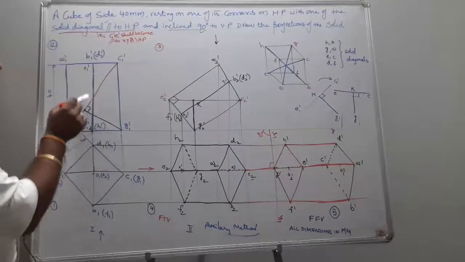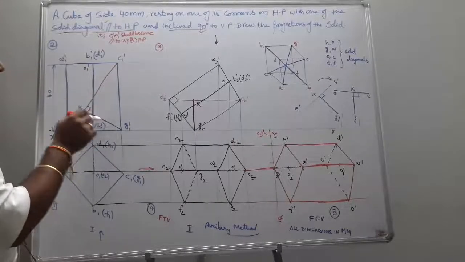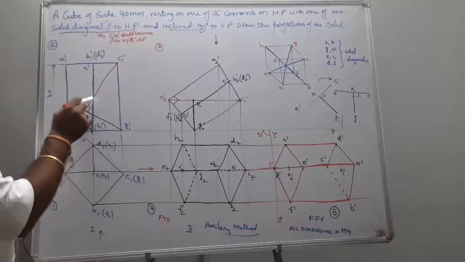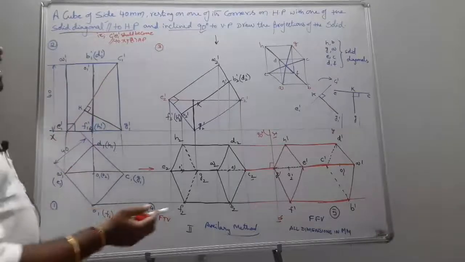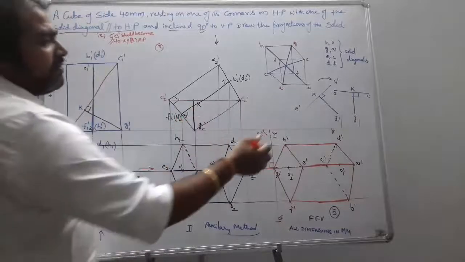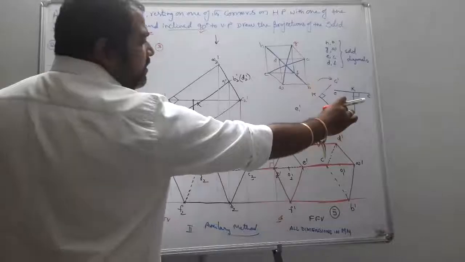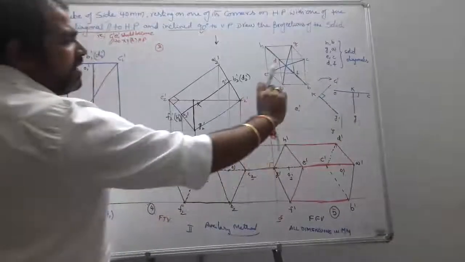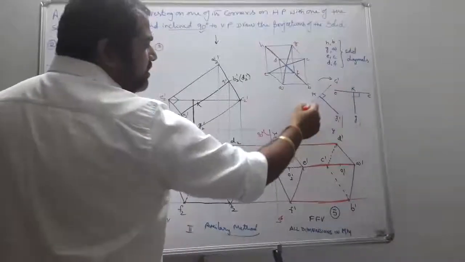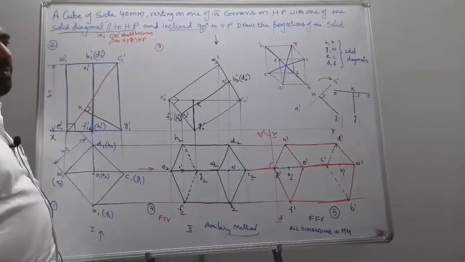Wherever it meets CE, mark it as K. Why take this line KG perpendicular to CE? If you take a T-square and place this vertical stick in the correct position, then this stick comes exactly perpendicular, with CE parallel to XY.